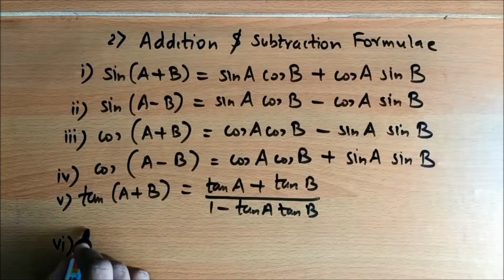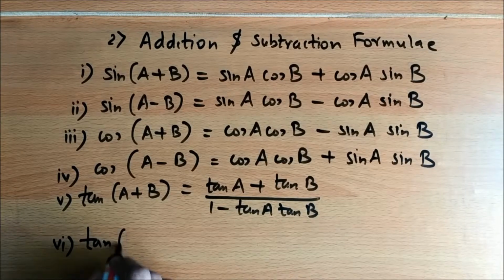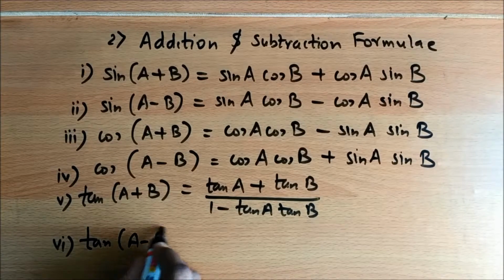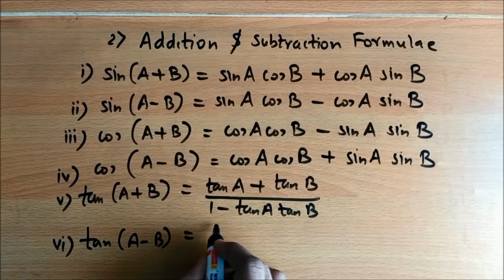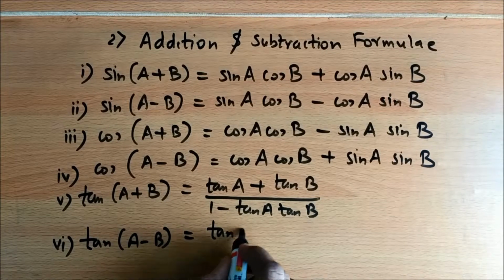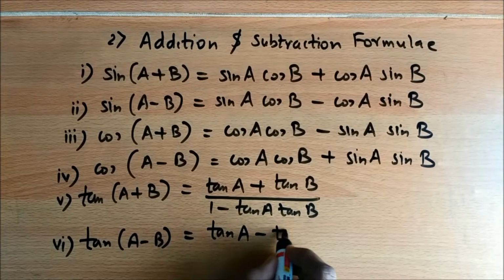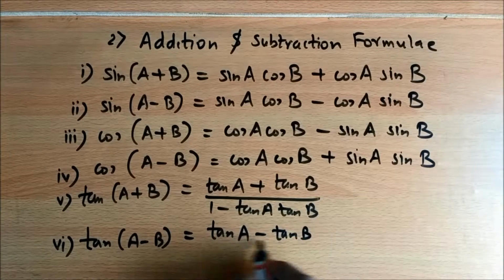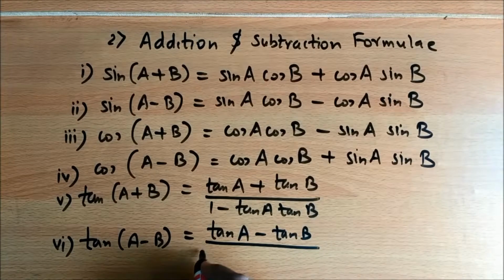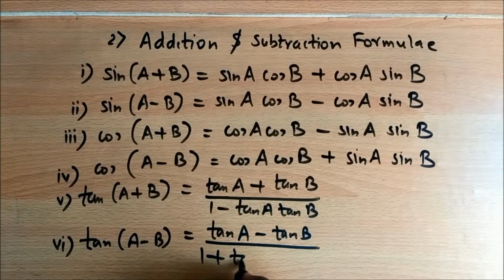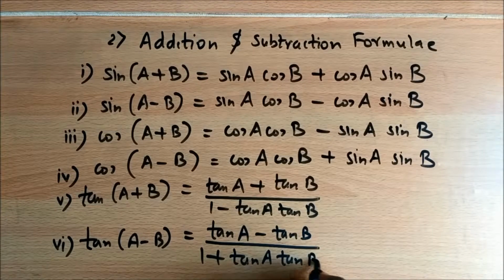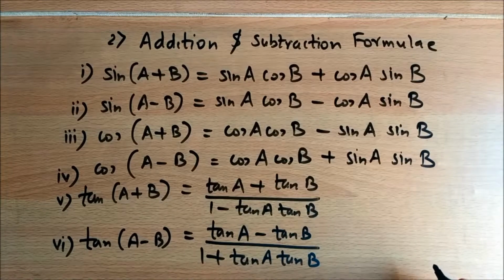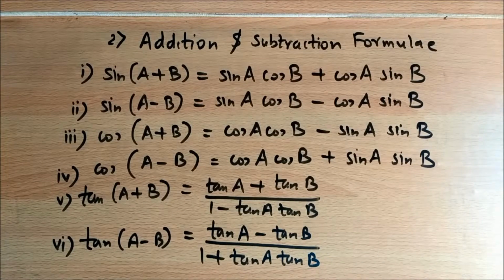Next, tan of A minus B. See, the numerator will have minus now. So tan A minus tan B upon 1 plus tan A into tan B. Simple, aren't they? Yes, please remember them.